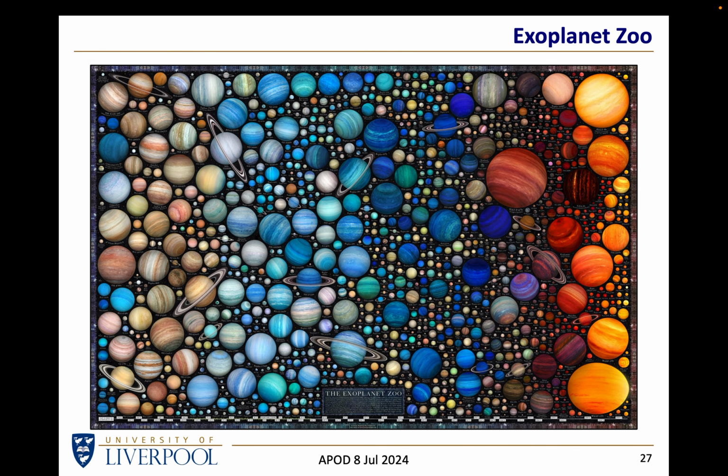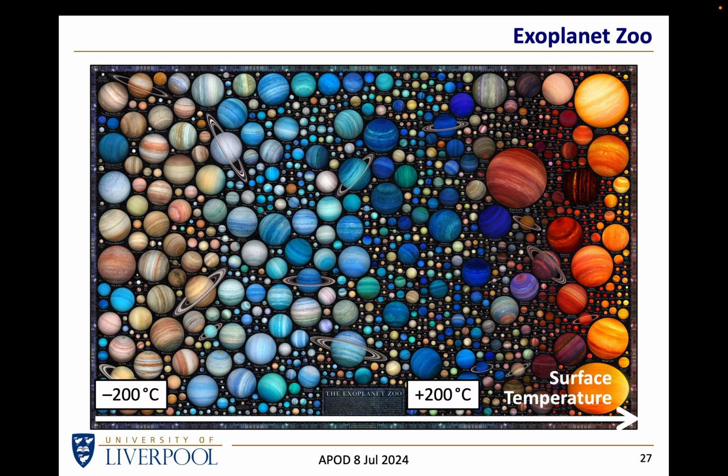This is just 1,000 of them, roughly speaking, just to give you an idea. They're arranged to scale in terms of their size, and given that we've got an idea of temperature, the ones that are likely to be very cold are on the left, minus 200 Celsius or so, and there you see plus 200 and even higher on the right-hand side there, judged from how far away from their star and is their star a hot star.